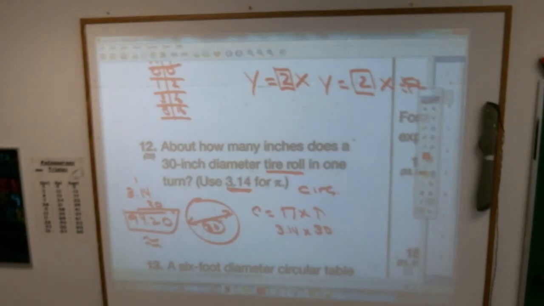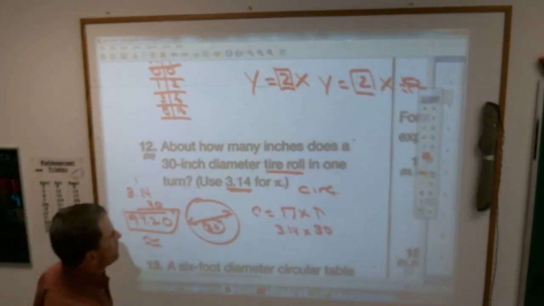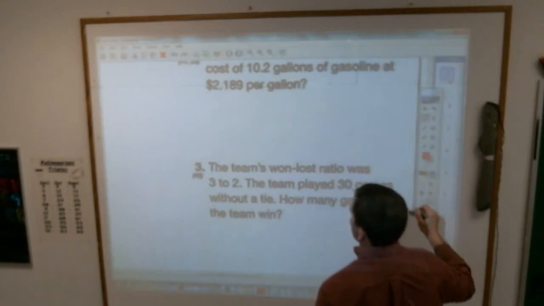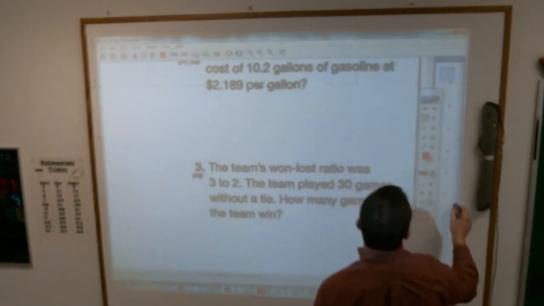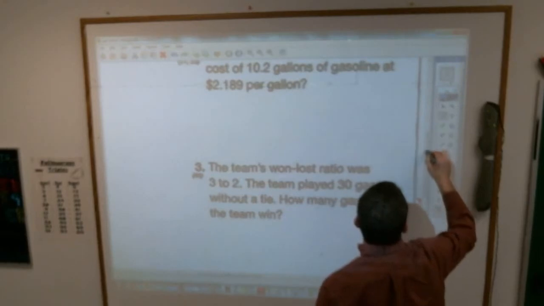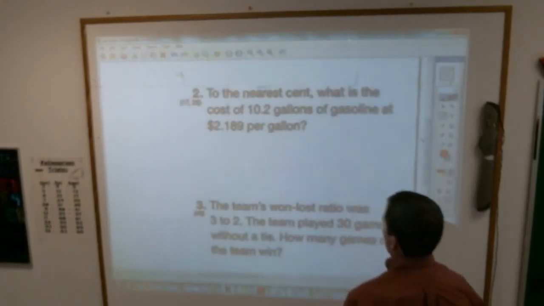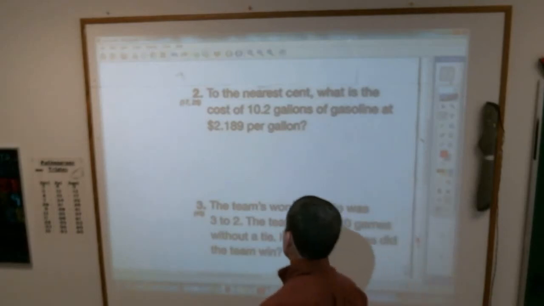Brianna Massey. Would you round on number 25 because it says to the nearest cent? Well, if it says to the nearest, that's a very good indication that it is rounding. Wait, how come I can't? To the nearest cent, what is the cost of 10.2 gallons of gasoline?